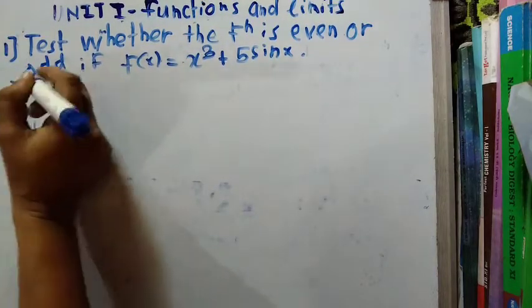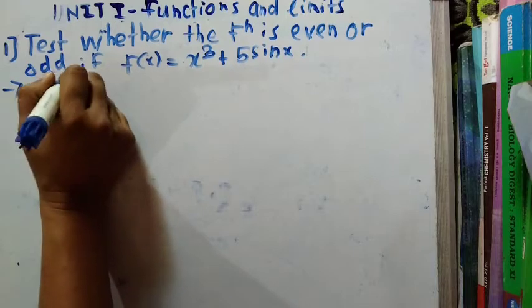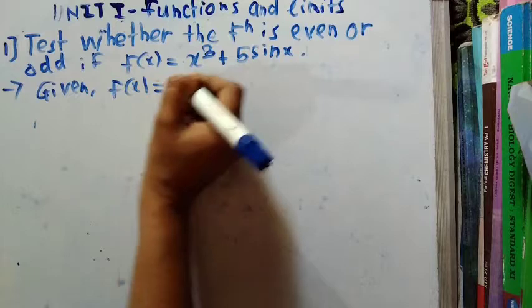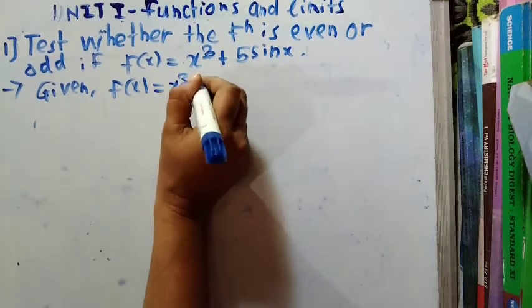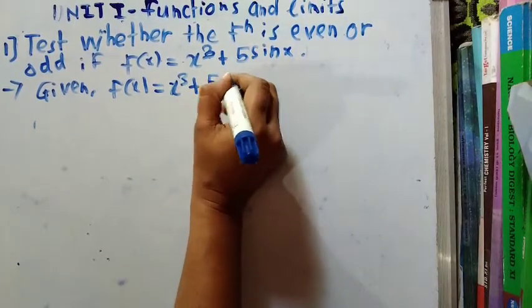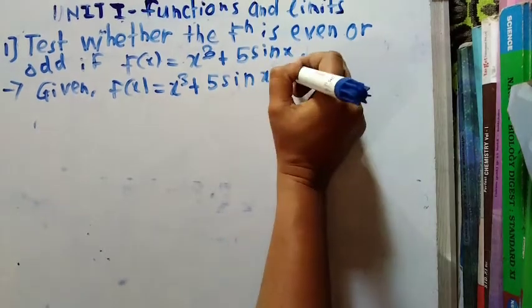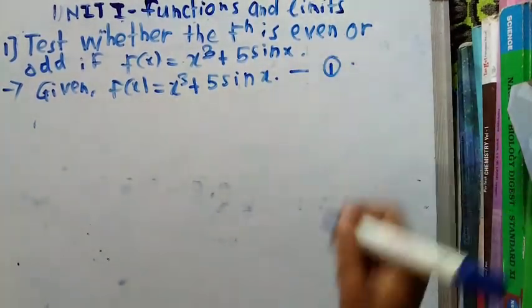So here it is given that f of x is equal to x cube plus 5 sin x. This is the first equation.